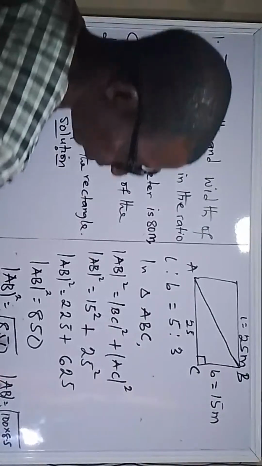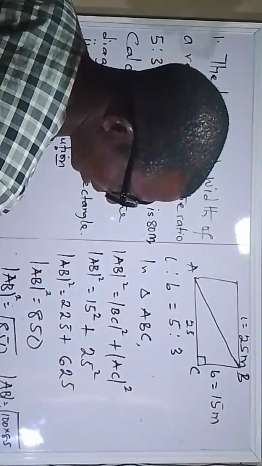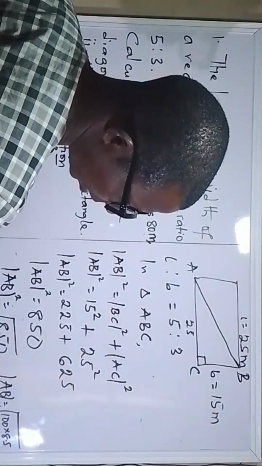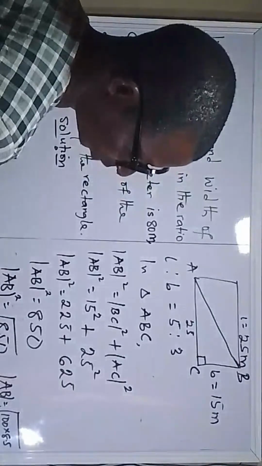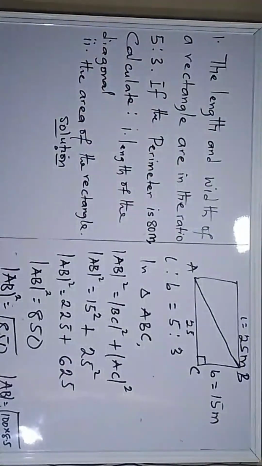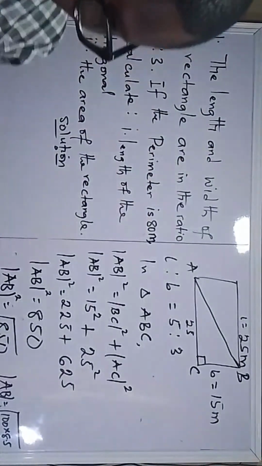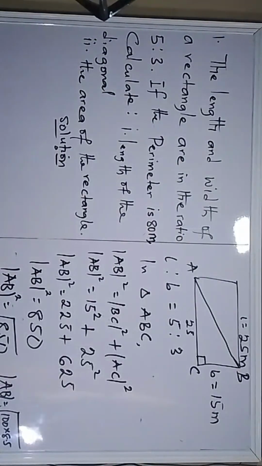Now when you find the square root of 100, that's 10. Then the square root of 8.5, you can just check this in your 4-figure table. I'm doing that now. That is going to give you 2.915.